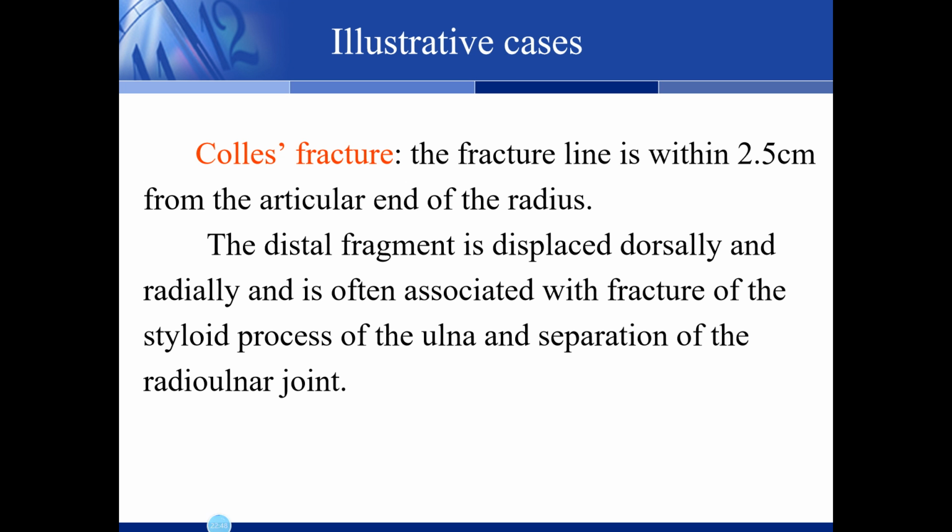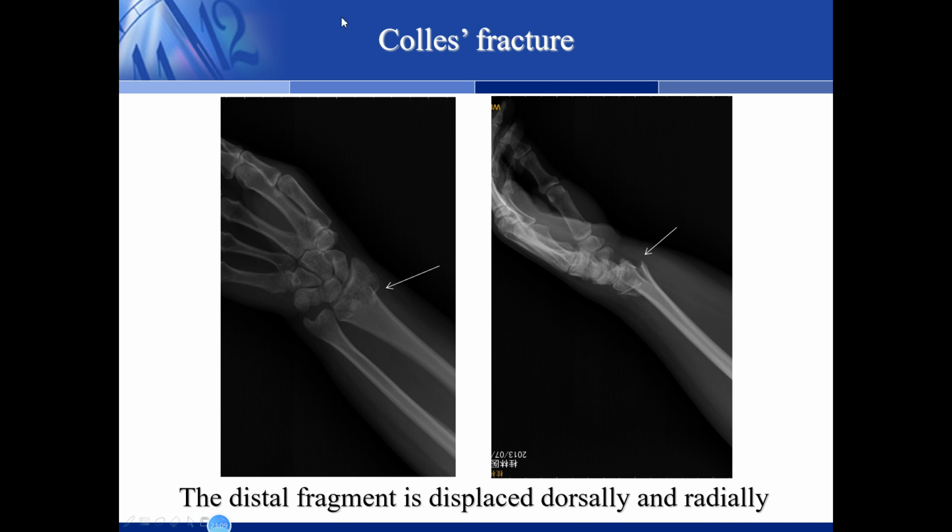The distal fragment is displaced dorsally and radially, and is often associated with fracture of the styloid process of the ulna and separation of the radioulnar joint. We'll see some cases.